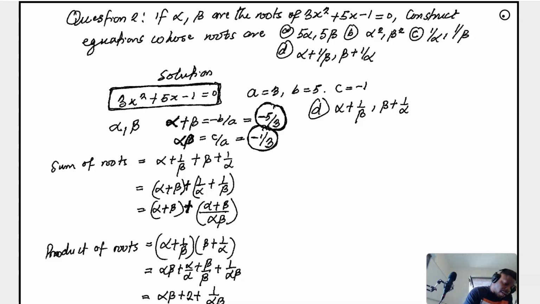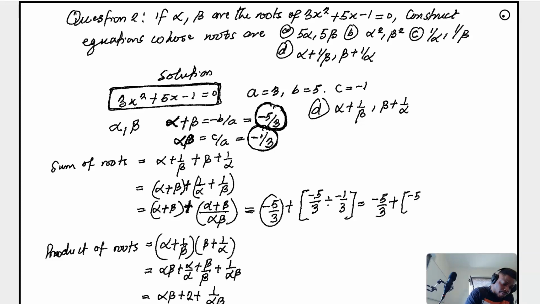So let's put the values here so we can get what we need. Alpha plus beta is minus 5 over 3, plus alpha plus beta, here minus 5 over 3, dividing alpha beta, which is minus 1 over 3. So this is minus 5 over 3, plus minus 5 over 3.